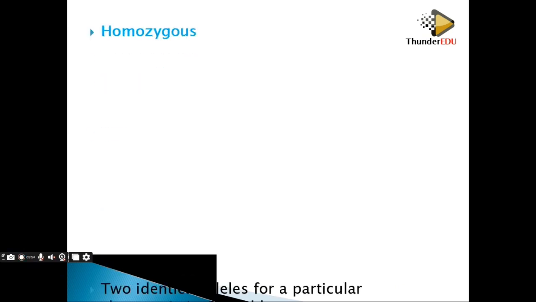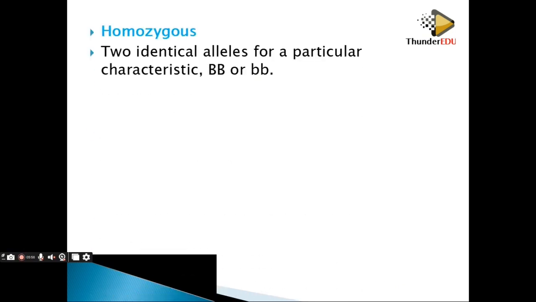Then we have homozygous. Homozygous is when we talk about two identical alleles for a particular characteristic, as we have seen that when you have two dominant alleles, they are homozygous because they are the same and they will be coding for the same trait or feature. So it's either homozygous dominant or homozygous recessive.